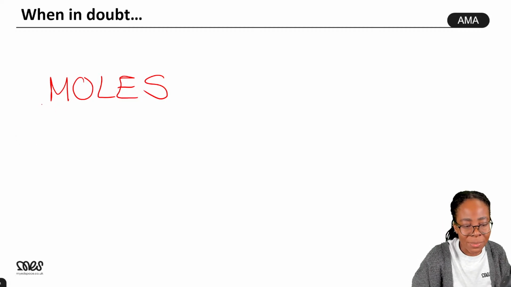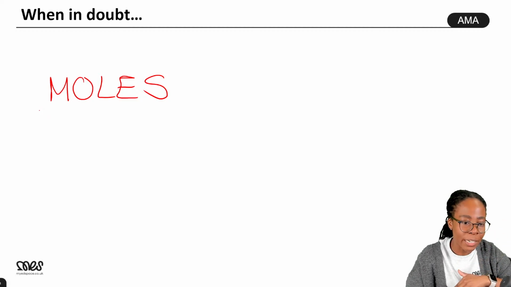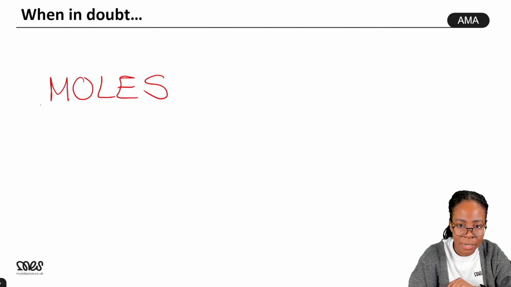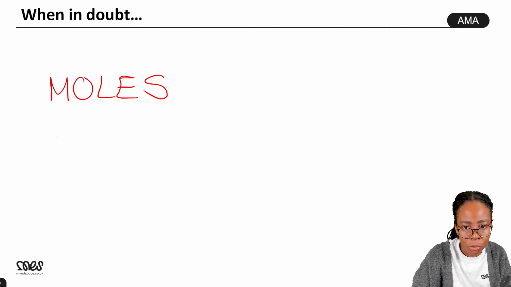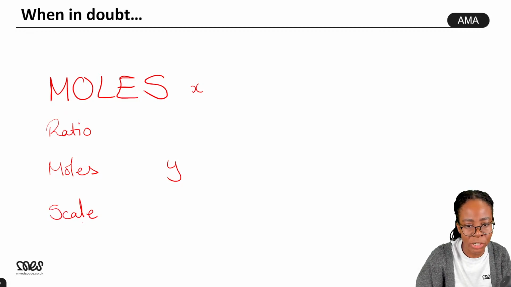When it comes to titrations, our calculations typically follow a particular number of steps as our baseline. We'll find the moles. We'll then look at the ratio between the moles of what we've got, X, and the moles of what we're looking for, Y. Then we might need to do some scaling, which will make more sense when we get into our practice questions.